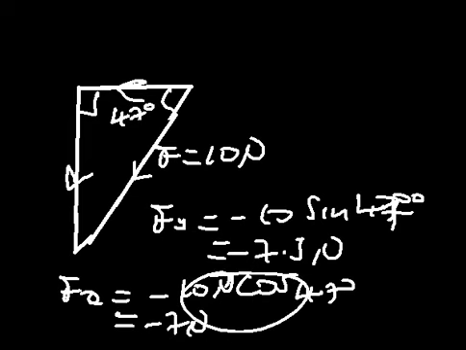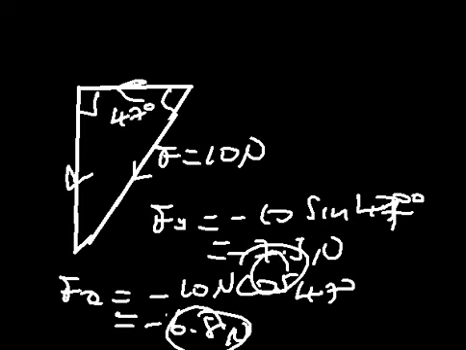Let me come back to that one; I should confirm. 10 cos of 47, we have it as about 6.8. So I'll have it as 6.8 newtons. So take note of these components.